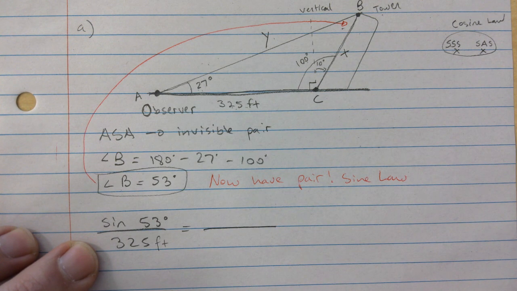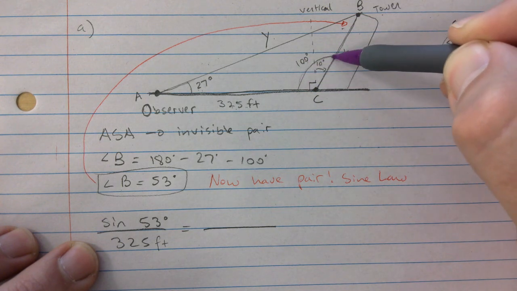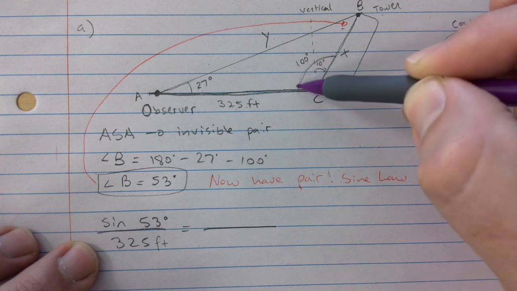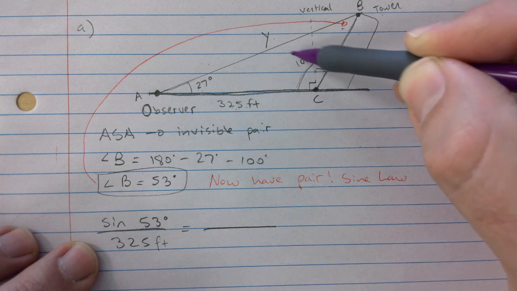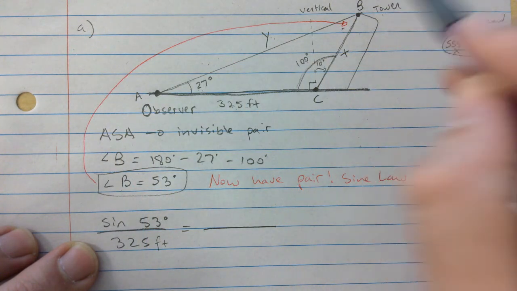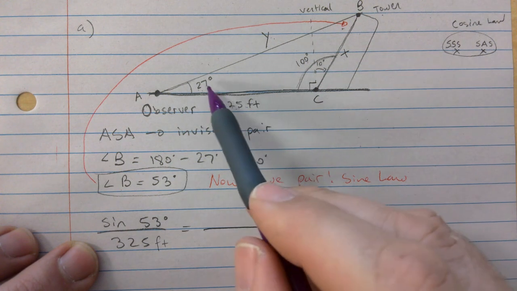And then what is it that I have? This angle here would allow me to find y, which is not what A is asking for. Yeah, we feel like doing that, don't we? Yeah, get out of here.